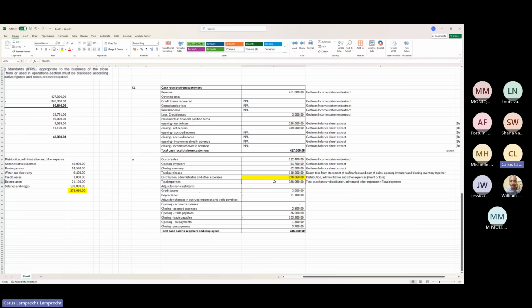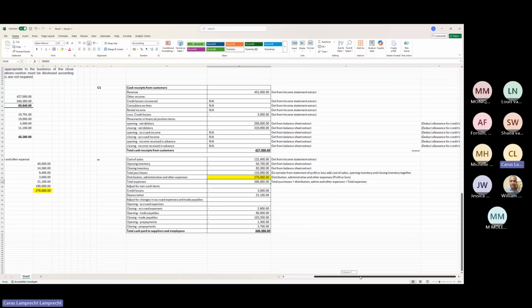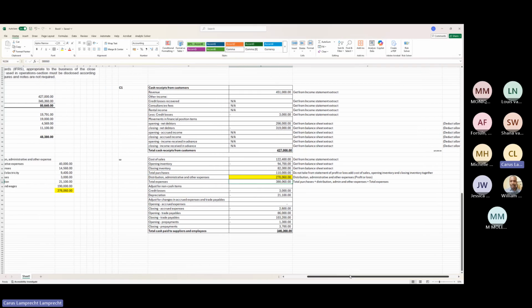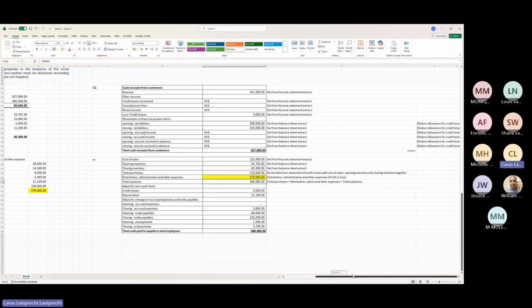Now that you have your total expenses, you need to adjust for the non-cash items, obviously because we want cash. And also we need to adjust for the accruals and trade payables and prepayments. So once again, it's the same method, but it's not going into T accounts essentially. You get the same end result.